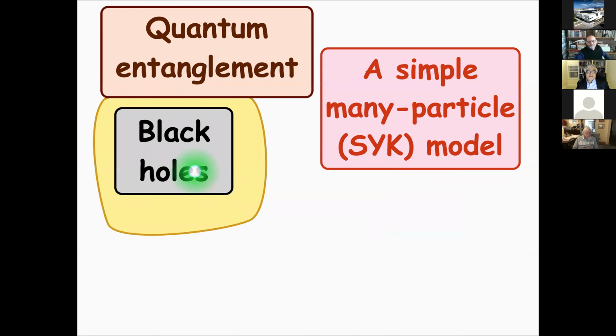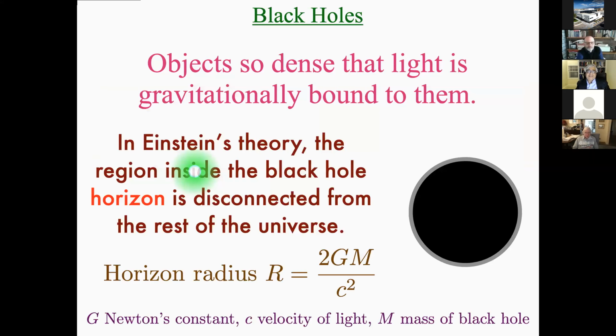All right, so now I want to talk a bit more about black holes on their own. So let's go back a bit in time and remind you of a few basic things about black holes. Black holes are dense objects of matter, even classically.